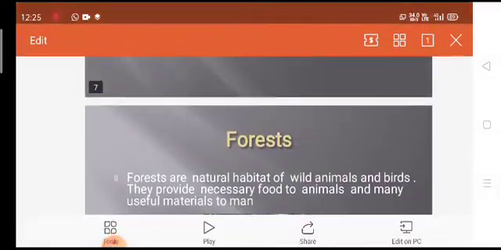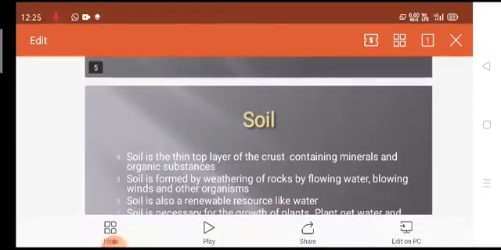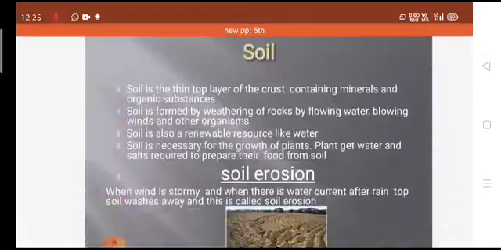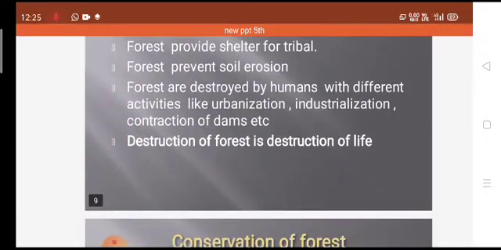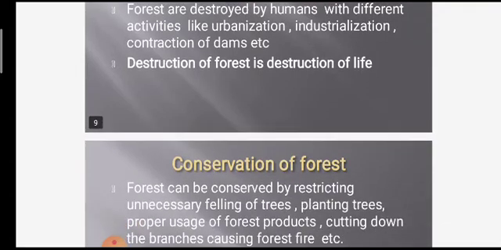Okay, these are renewable sources of energy: soil, solar energy, and forest. These are the three things given in your book. Renewable means we can use them again and again. Okay, these are the renewable sources of energy.